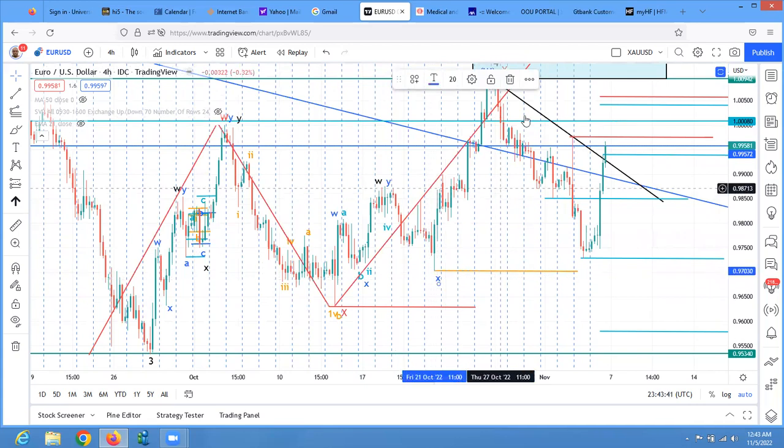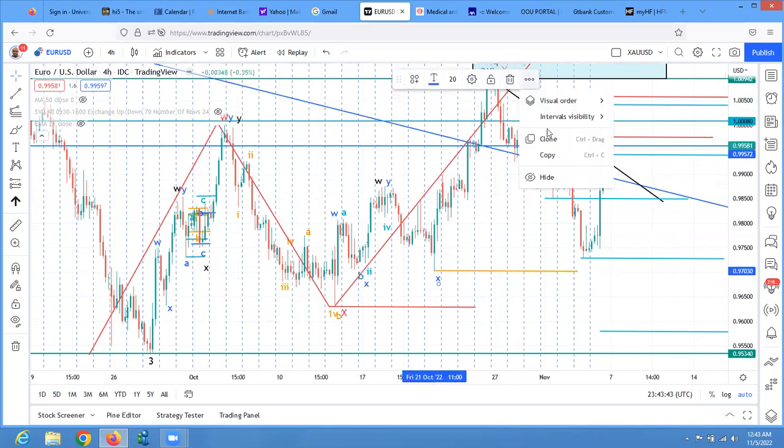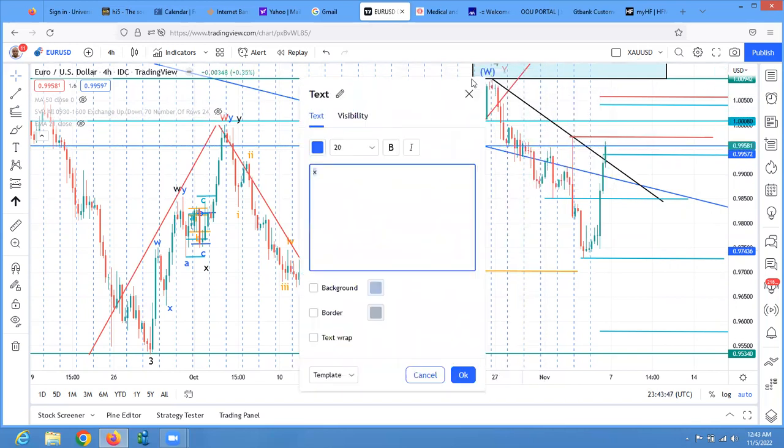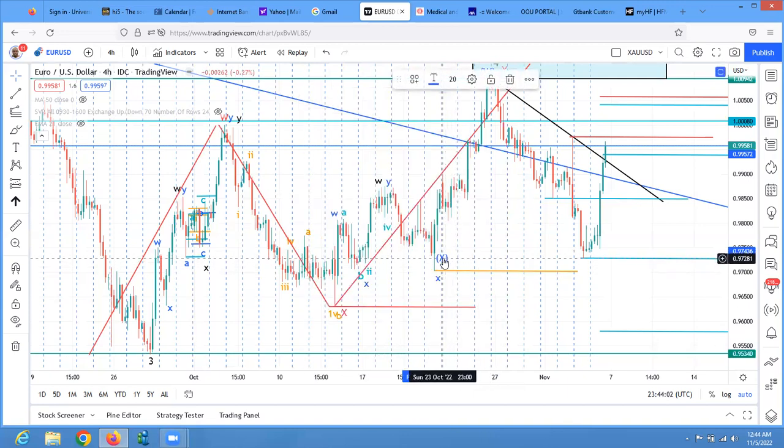So now this X here becomes a capital X, and this is what I'm seeing now.